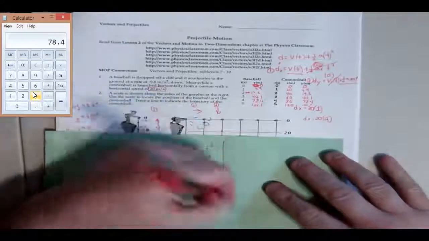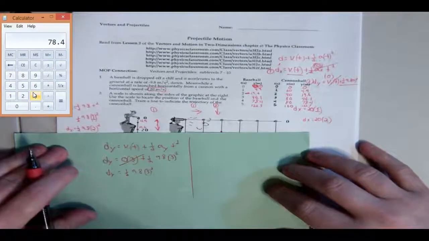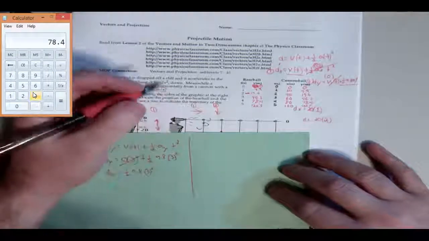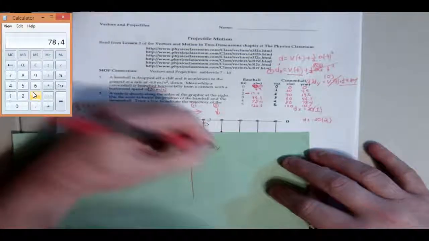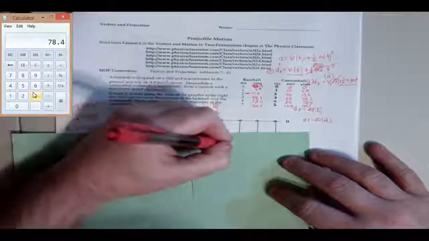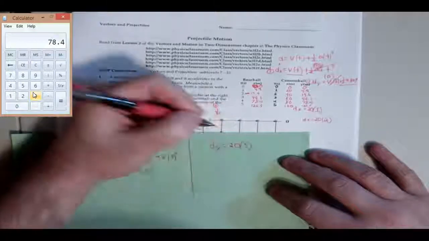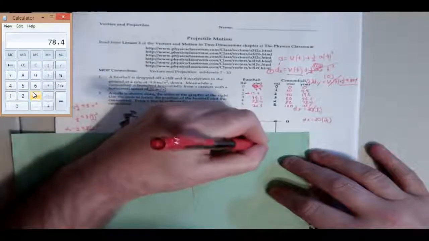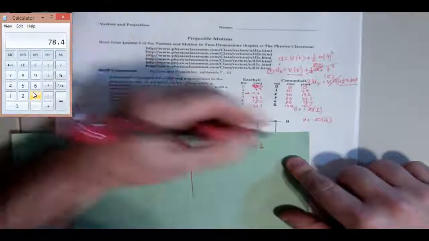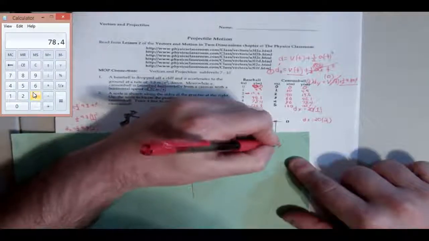Now, by contrast, if I'm dealing with x, so I'm firing it, and they tell me I'm firing at 20 meters per second. Displacement of x equals my initial velocity. Well, they told me 20 meters per second. So 20 times, it's been 3 seconds, plus 1/2 times, there is no acceleration of x, times 3 squared.